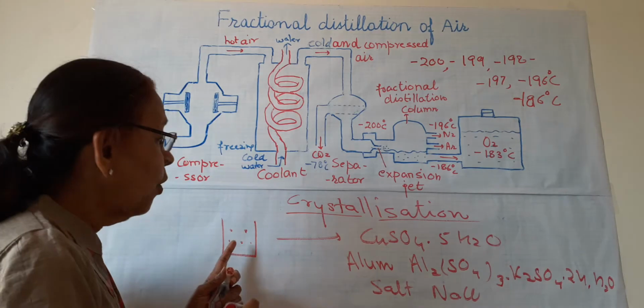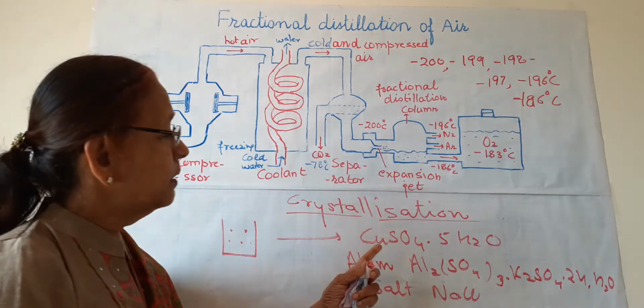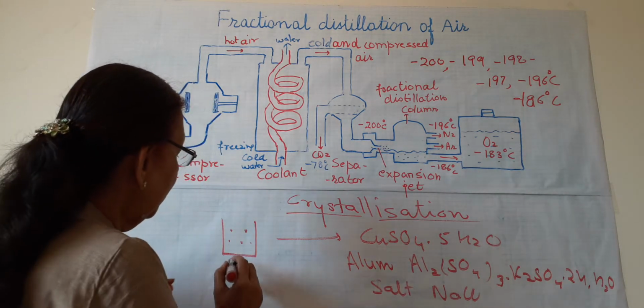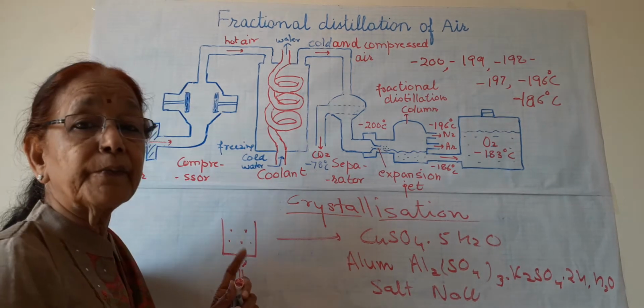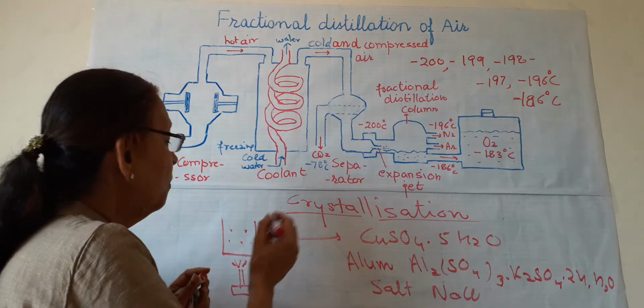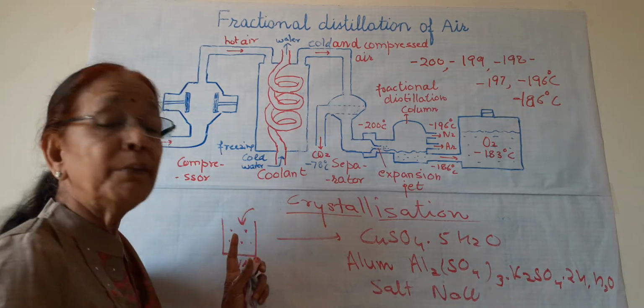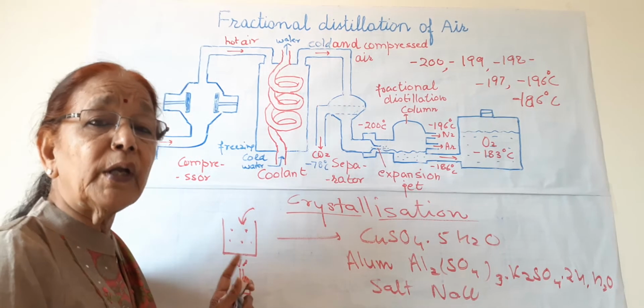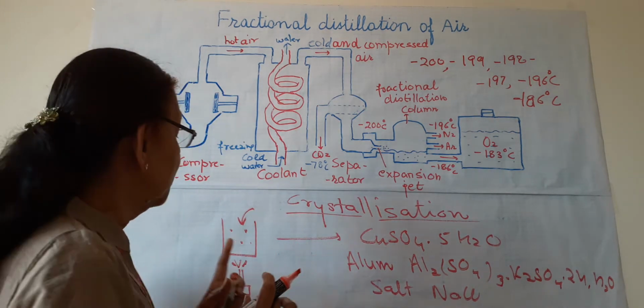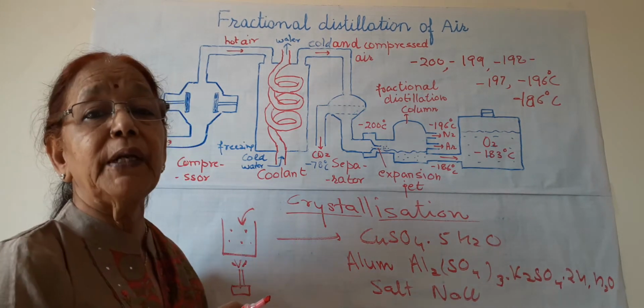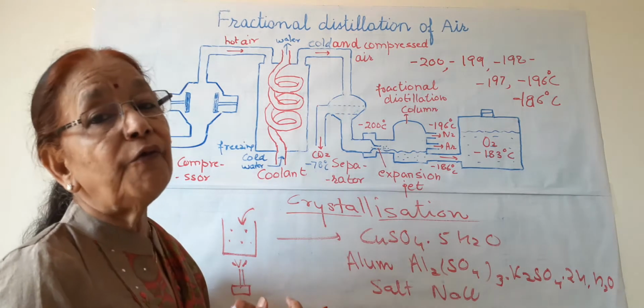We dissolve copper sulfate in water, and we warm or heat this solution. When heating is done, more and more copper sulfate can be dissolved in this water, and a very saturated solution of copper sulfate is formed.